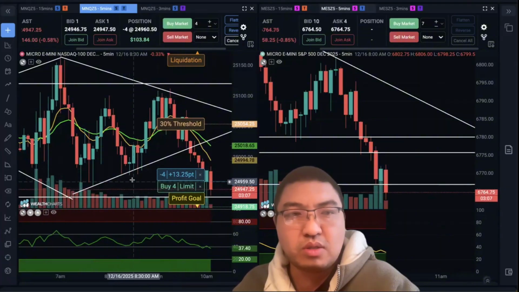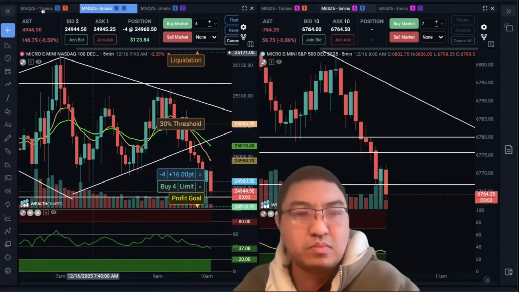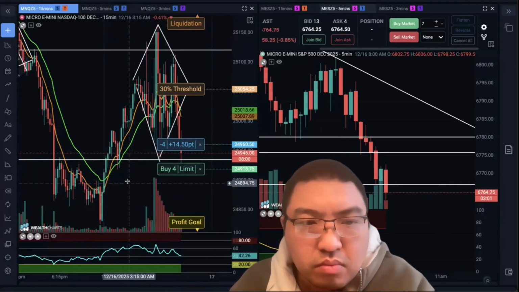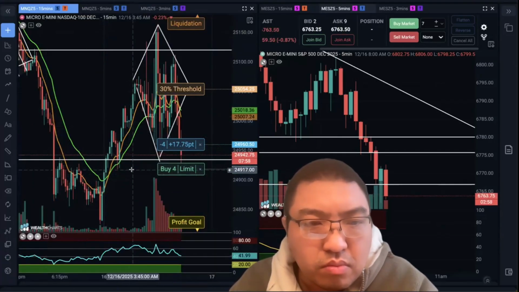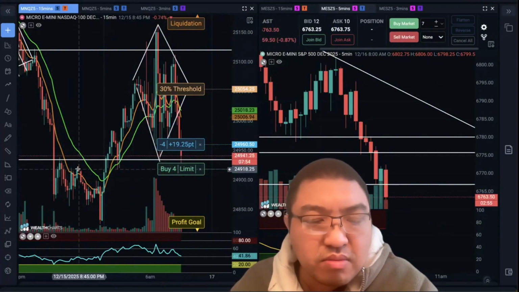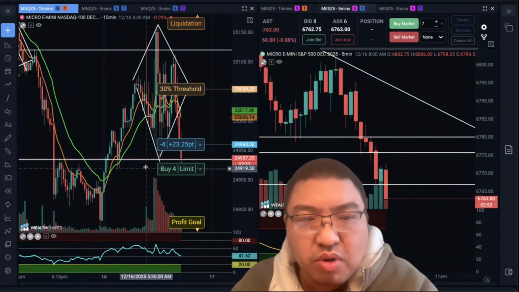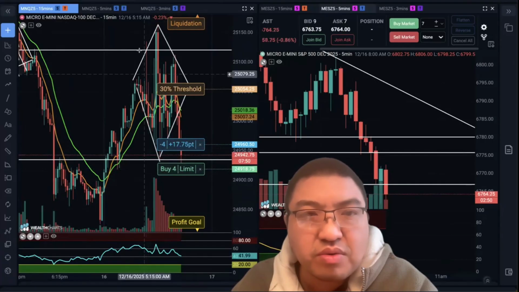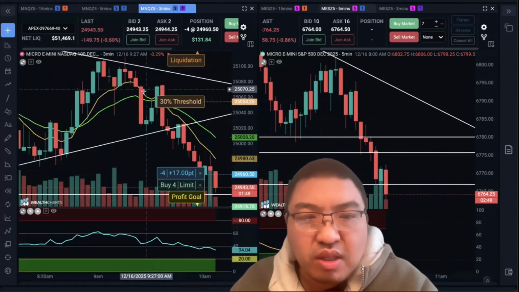Oh, that's rejected. So this is another previous resistance and later support. This is a verified support level. Not going to get greedy.